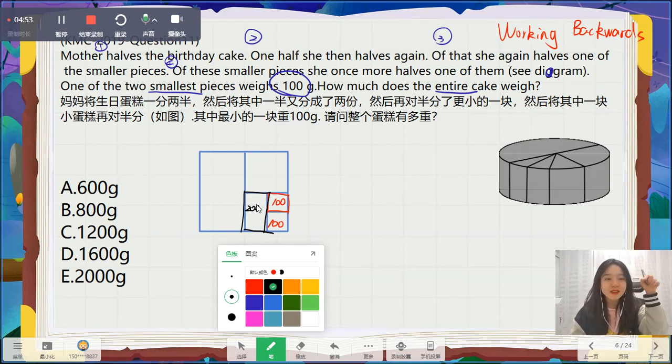The square, a little bit larger square above, should also be the same as the lower square. So the pink one is equal to 200 plus 100 plus 100, or 200 times 2. We can find it should be 400 grams.